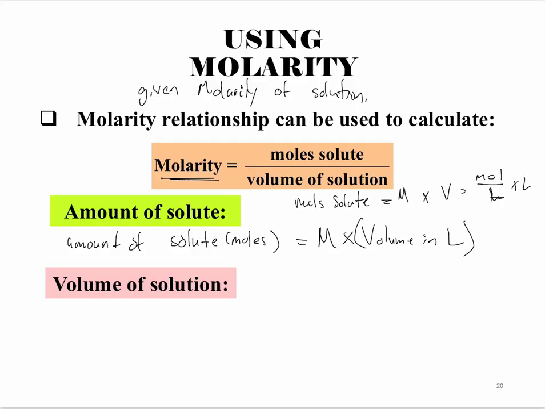So we can also do this in another way. We can ask, what is the volume of the solution? In a practical application, we say, well, if we want a specific concentration of a solution, and we're given a specific mass of the solute, what is the amount of solution we need to dissolve it in, or the amount of solvent that we need to dissolve that in?